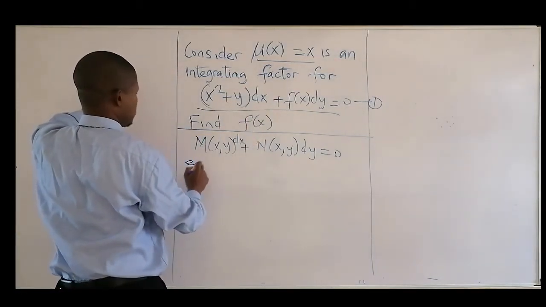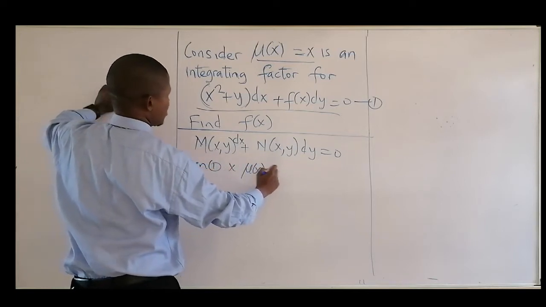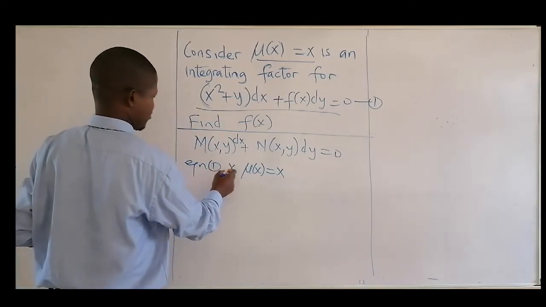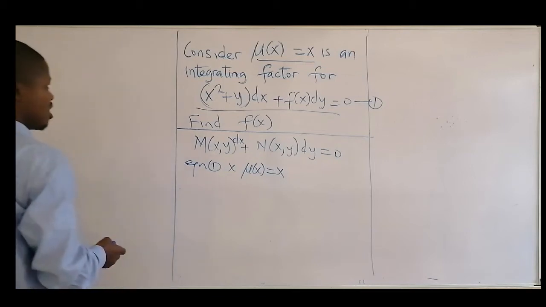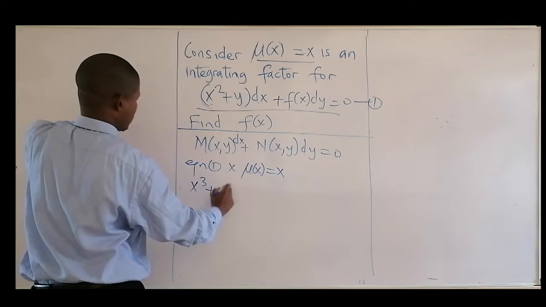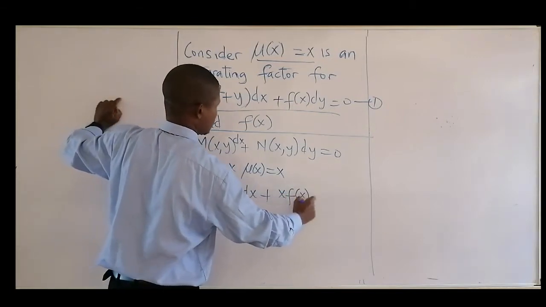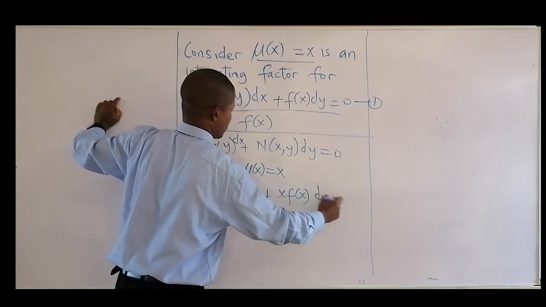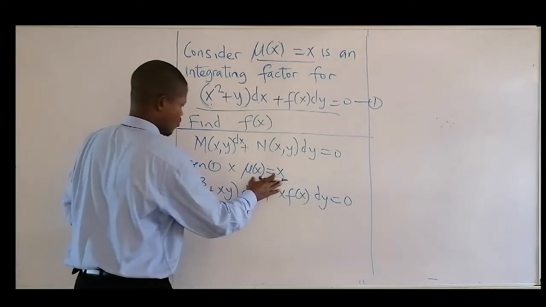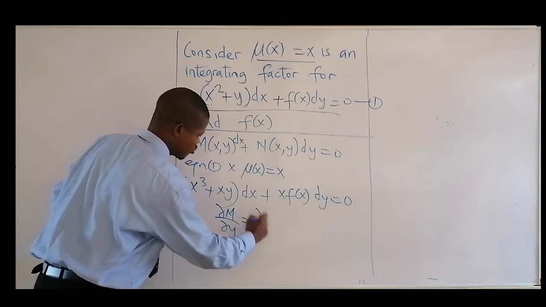Equation 1 multiplied by this will be x^3 plus xy dx, plus x f of x dy equal to 0. We have said that once you multiply with the integrating factor, it will be exact.